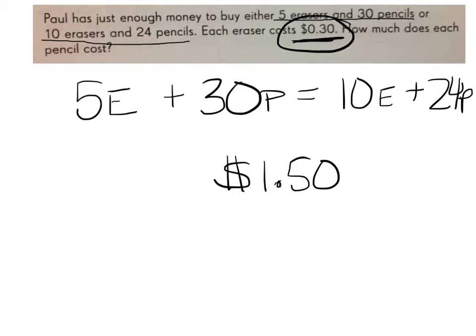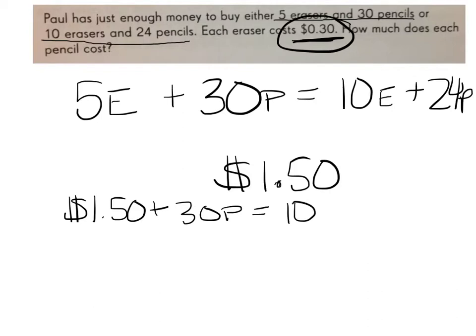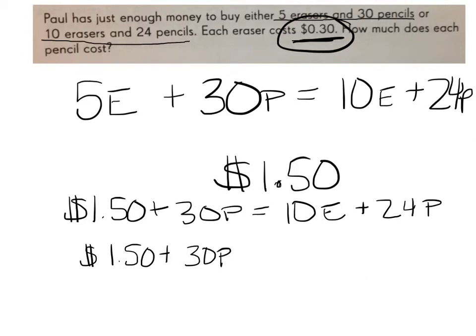So I am going to rewrite the expression, so it's $1.50 plus 30p equals 10e plus 24p. Now we have to figure out what this 10e, 10 times 30 cents, is the same as. $1.50 plus 30p equals 10 times 30 cents, which is $3.